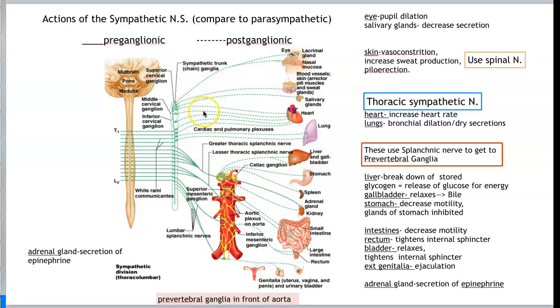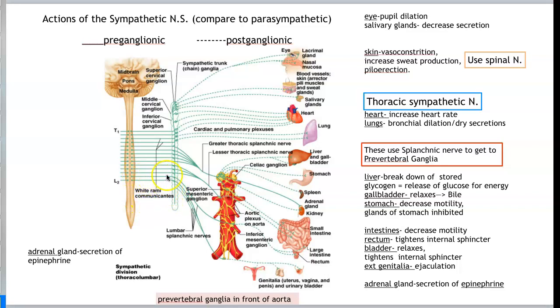This is what they're going to look like in books. Here is your spinal cord level T1 through L2. That is how you're going to get on the sympathetic chain. That is the only place where they have these white rami communicans.